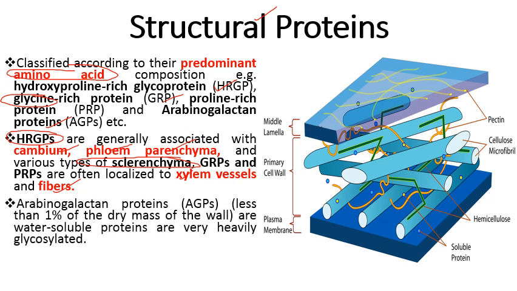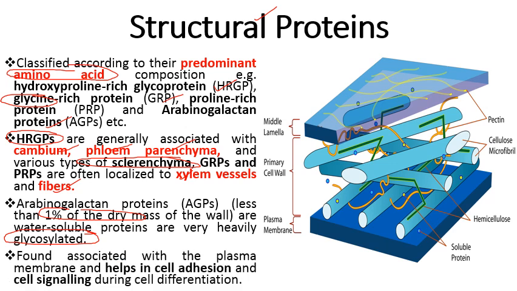Arabinogalactan proteins, which form less than 1% of the wall, are water soluble and very heavily glycosylated. इनमें बहुत ज़्यादा glycosylation हुई होती है, and they are present in very small amounts. They are found associated with the plasma membrane and help in cell adhesion and cell signaling during cell differentiation. So their main function is in cell adhesion and cell signaling.